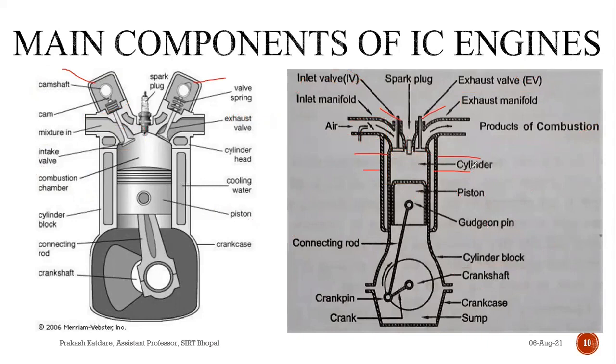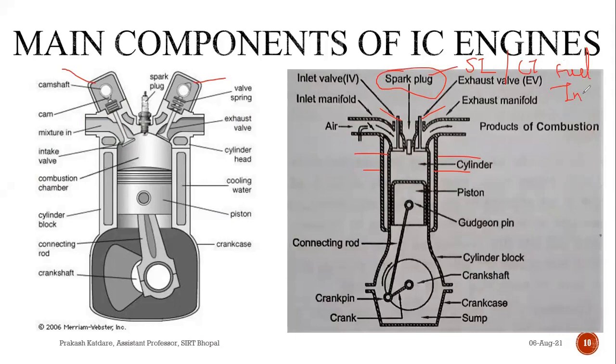And they are basically responsible for the charge which is coming into the cylinder and for the discharge of products of combustion. And then there is a spark plug which is responsible to initiate the combustion process in case of an SI engine, while in case of a CI engine, we will have a fuel injector here.